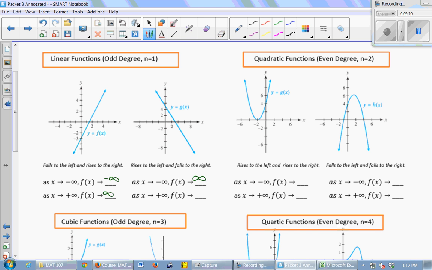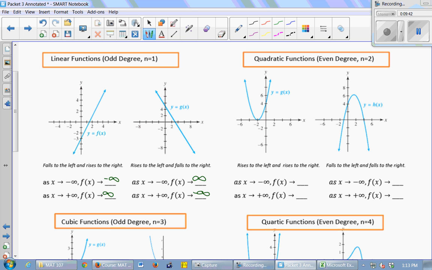And as x approaches positive infinity, meaning moving right, what's happening to the y values? Oh yeah, I meant positive infinity. It'll be negative infinity. Thank you. Okay, so that's linear. One side will go to infinity, the other side will go to negative infinity. Which side depends on whether the graph has positive slope or negative slope.